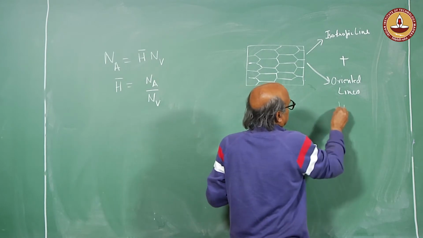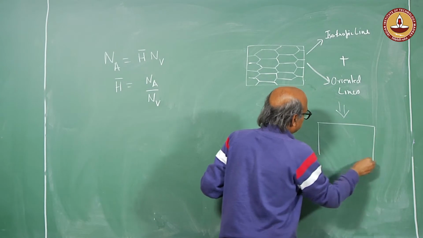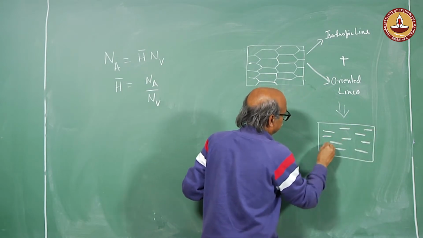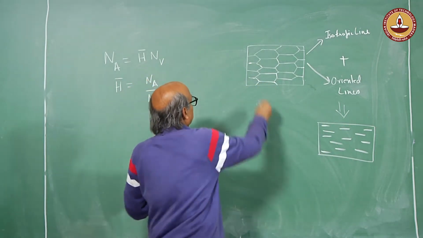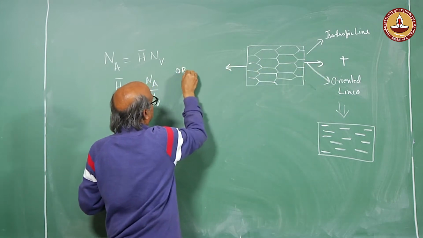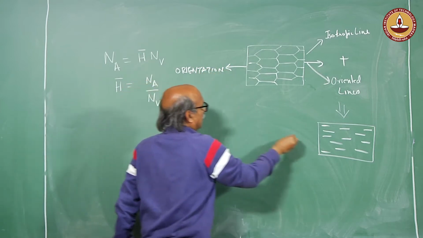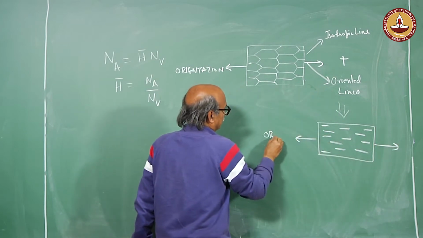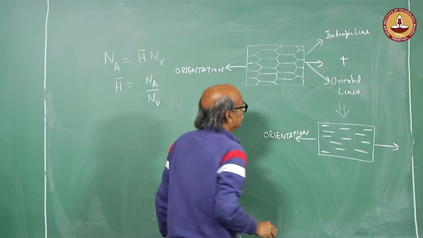One can conceptually view these oriented lines as lines along a particular orientation. So, this is my orientation axis, and here this is my orientation axis.